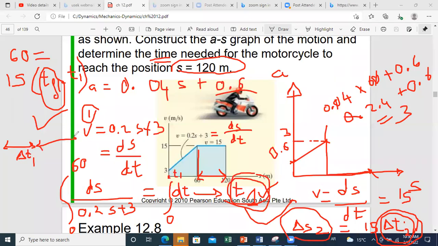Delta t2 will give you the time of phase 2. T final is the summation of both. But if I replace directly delta t2 by its expression, t final minus t1, then I get directly t final.